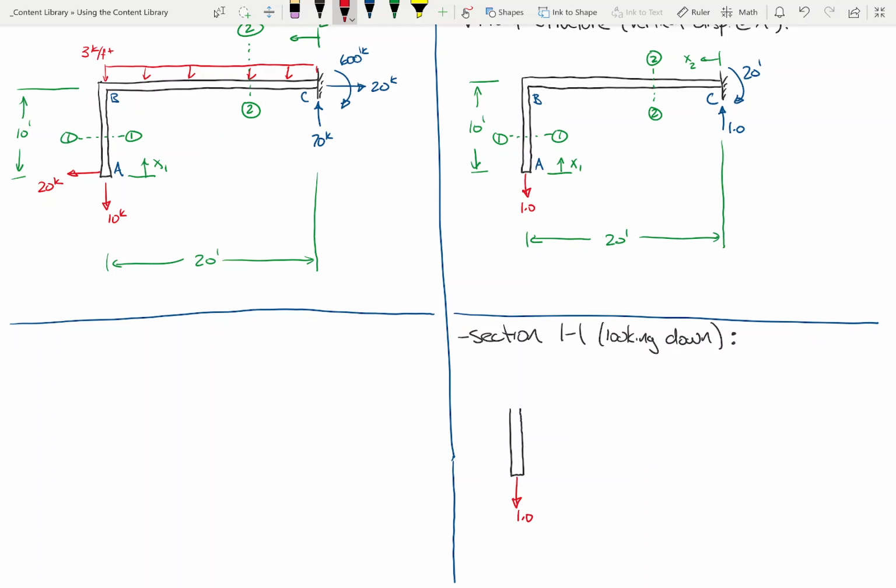There's 1. This is point A. This is where I cut the section. This distance is x1, right? Okay. So let's see if we can do this really easily.